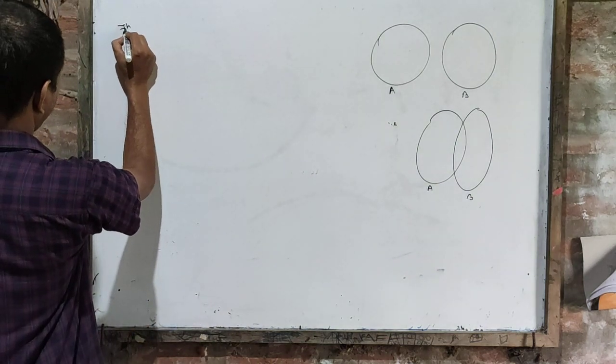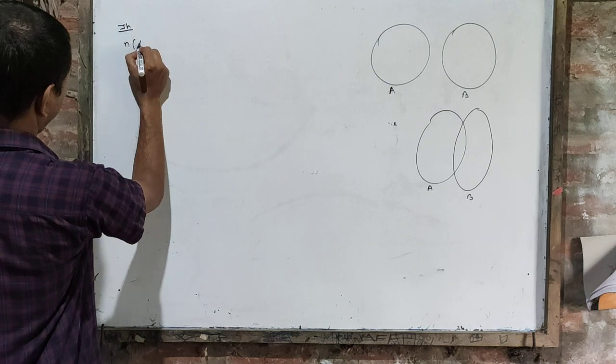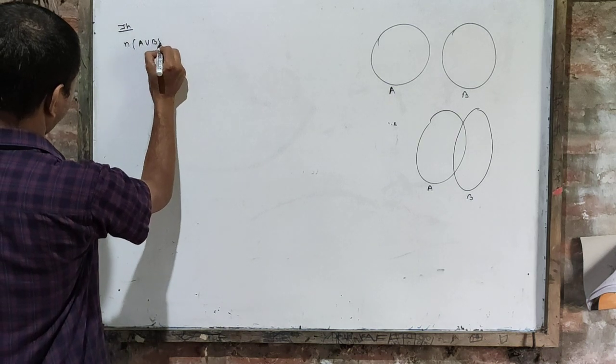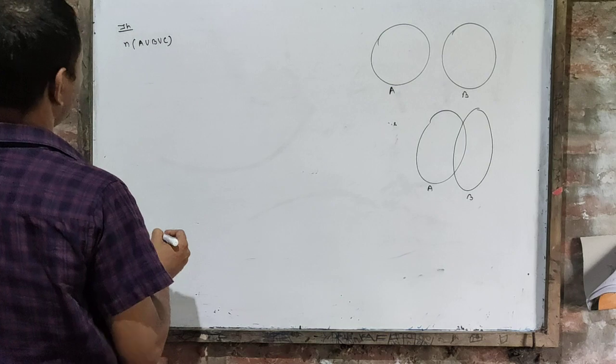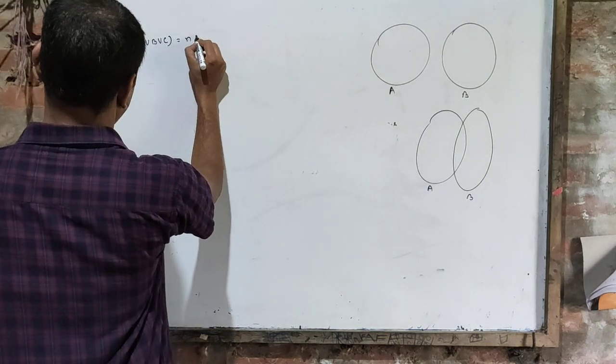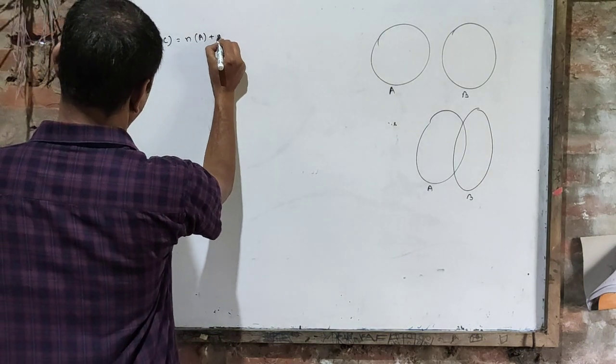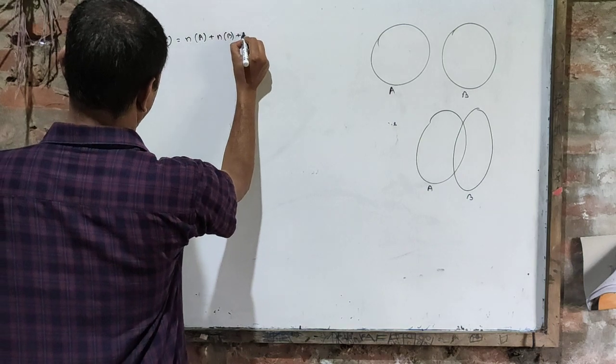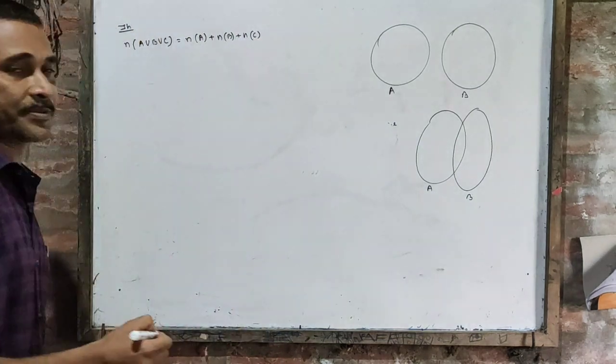Theorem for 3 sets: the theorem will be N of A union B union C is equal to, first you write the single sets, NA plus NB plus NC, all with positive sign.